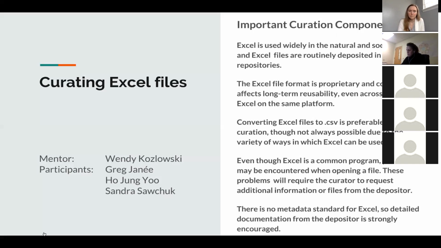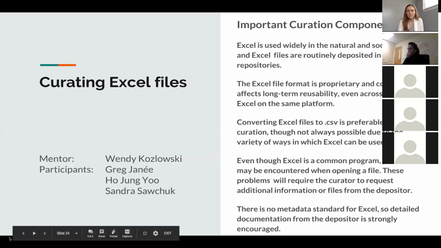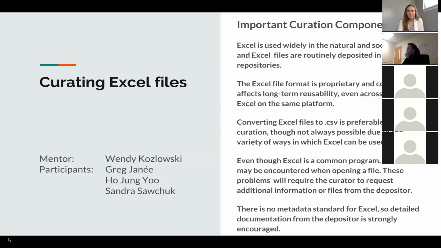The standard Excel file is something that we would recognize, but Excel files can contain macros, and there are a number of different file extensions that go along with that. So depending on the type of file, and luckily the file extension is a major clue for that, there may be other related issues. We discussed at length the consideration of converting Excel files to CSV.